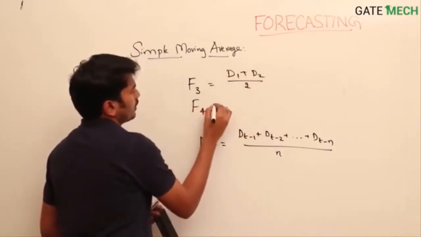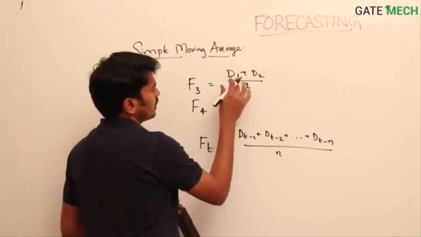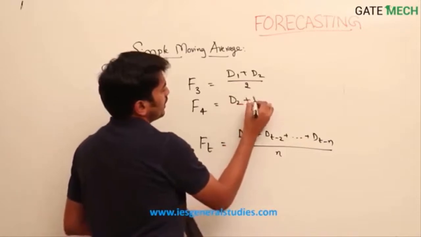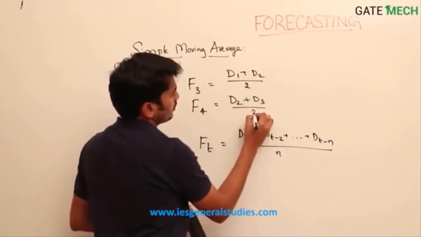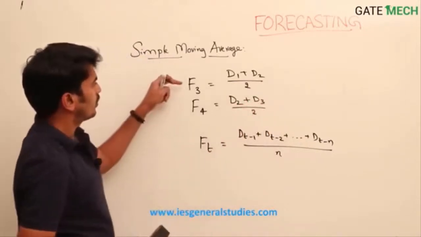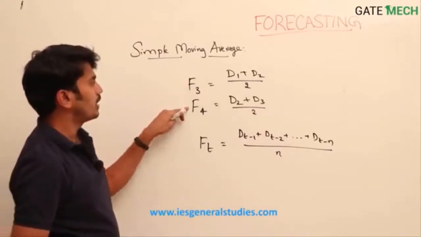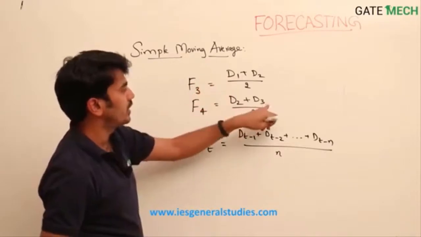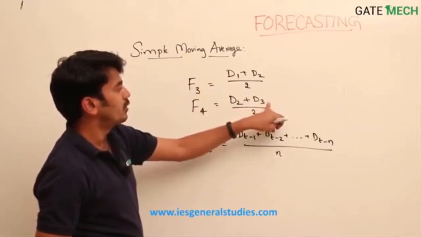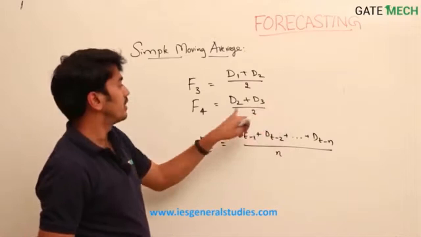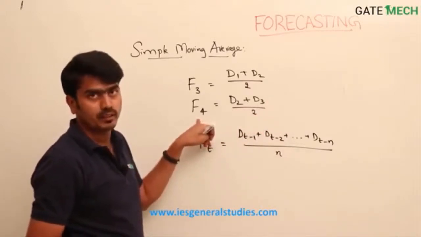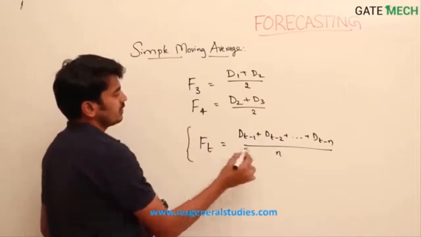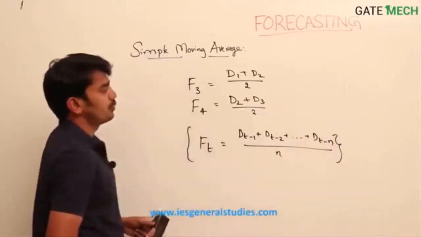If we are calculating for period 4 with a two period moving average, then it will be D2 plus D3 by 2. So when we move from one period to another, the oldest demand, D1, is discarded and the recent demand value is considered to calculate the forecast for the fourth bucket. Okay, so this is the expression for simple moving average.